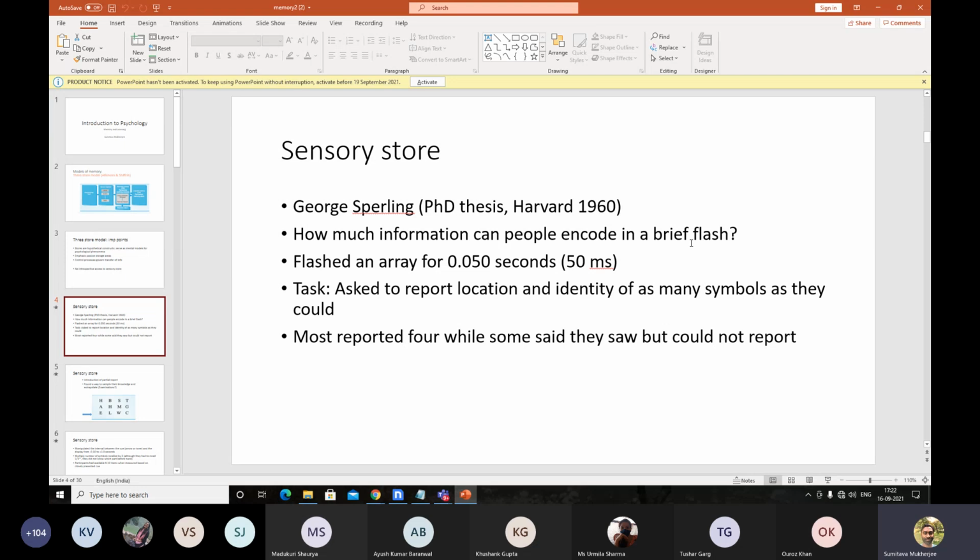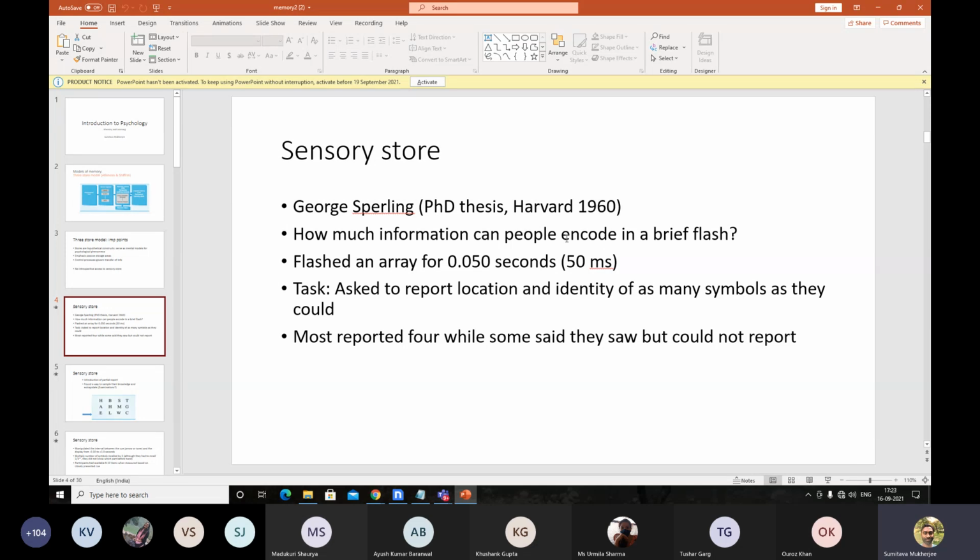Now, what is brief? That also must be operationally defined, as I keep on repeating. If you really want to build a proper science, or a decent enough science at least, of human psychology, you can't use abstract terms, or use terms without defining them well. So here Sperling does a fantastic job at it.